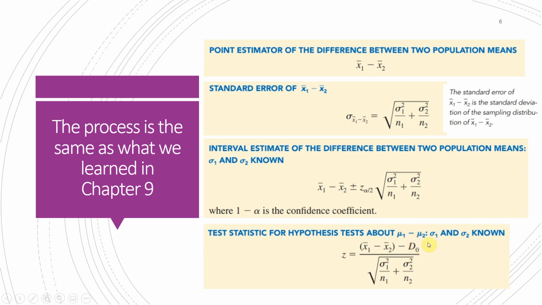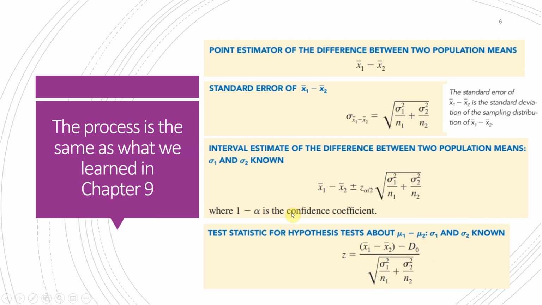So in Chapter 9, this was mu of the population that we're looking at. Here, this is the difference between the populations in terms of their means. Typically, we set this equal to 0 because that's what we assume the difference between the populations is, and then divided by the standard error, which is the standard deviation of the sampling distribution for our point estimate.